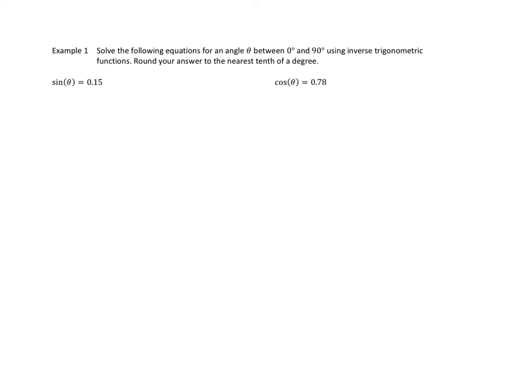What we can do is use inverse sine to cancel sine on the left, leaving us with just theta. You could use either notation you want, but I'm going to use the sine inverse notation. I'm going to apply sine inverse to both sides of this equation. So I'll have sine inverse of sine of theta, and on the other side, I have sine inverse of 0.15.